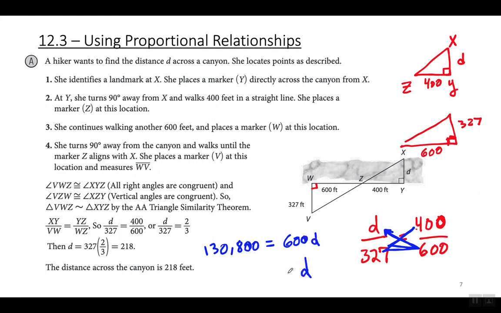So D equals 130,800 divided by 600. So the answer is right here, 218 feet, okay?